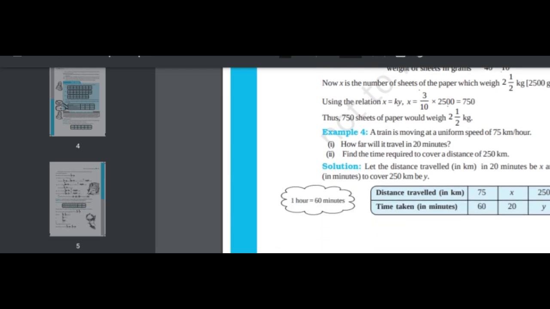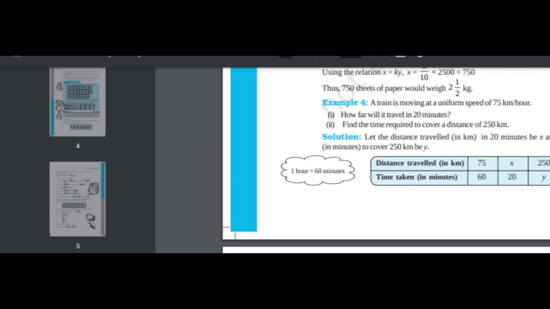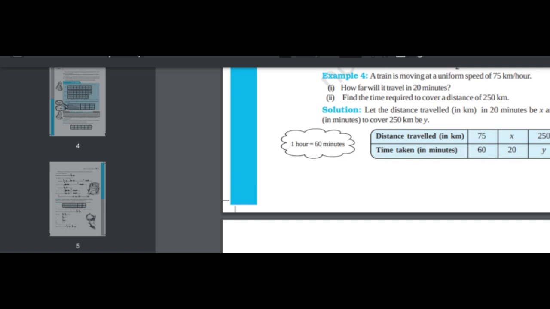In example number 4, they are trying to solve the same question with the alternative method. A train is moving at a uniform speed of 75 km per hour. How far will it travel in 20 minutes? And find the time required to cover the distance of 250 km. Let the distance traveled in kilometers in 20 minutes be x, and time taken in minutes to cover 250 km be y.